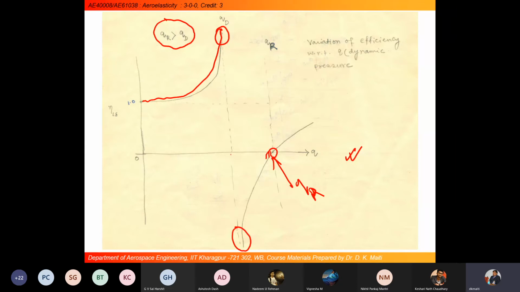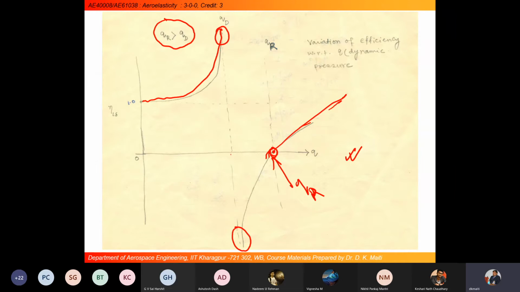So, it will be infinitely large, and the moment we go beyond QD, it will start from a negative value, and again it will come to 0 at the reversal speed. This is the efficiency value, and then again it will be increasing.